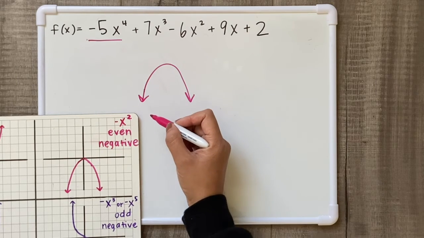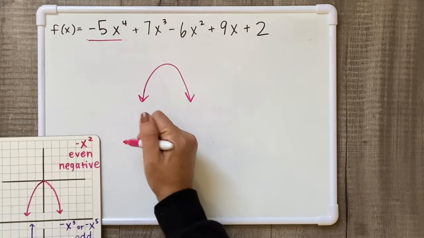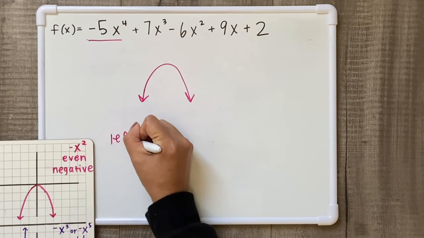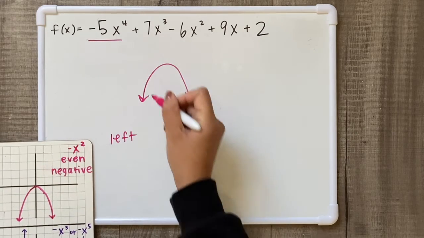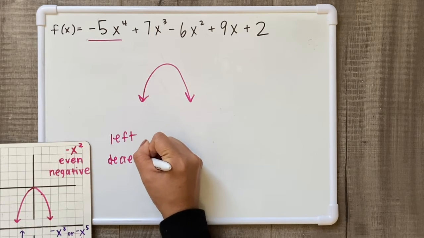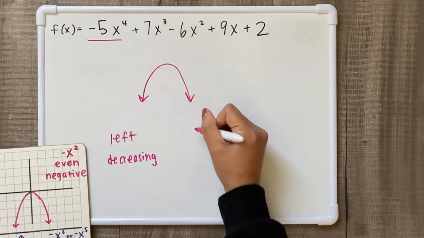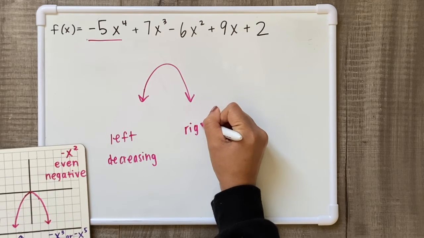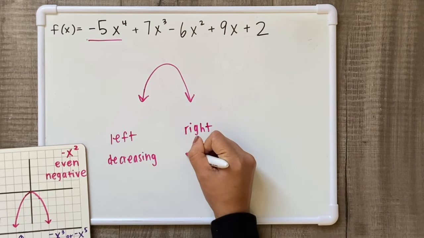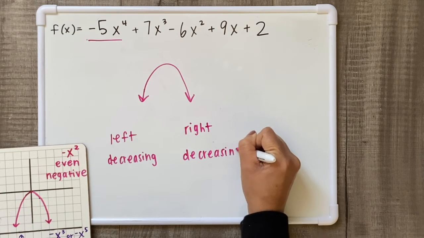Okay, so I could just simply say that on the left, the function is decreasing because it's pointing down. And I could also say simply on the right, the function is also decreasing because it's pointing down.